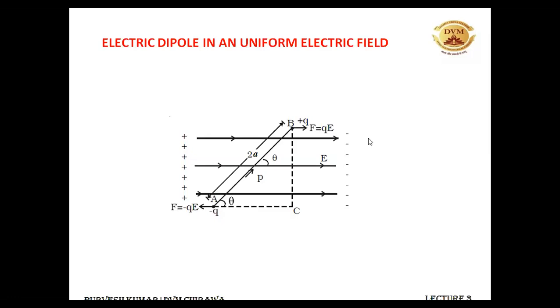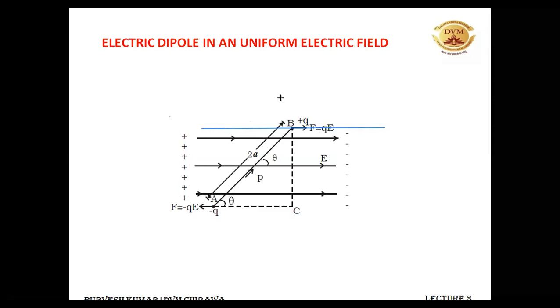Since we are having two equal and opposite forces, and these two forces are along different lines of action. See this thing? They are along different lines of action. So you can see it. This is the line of action. I'm drawing it over here. So this is the line of action for this plus charge force F equal to QE. It is moving along this direction.